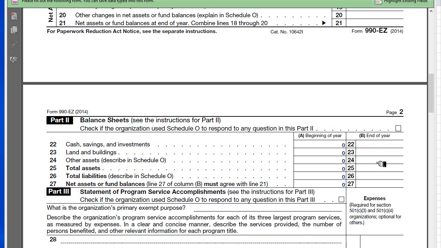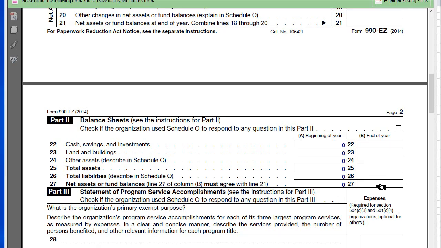You just lump it all onto line 24. And then you add it all up here on line 25, total assets, then total liabilities. That's going to be where all of your liabilities are going to go on line 26, whether that's credit card balances, notes payable, loans payable, mortgages, deferred revenue. Any of those things are going to go there.